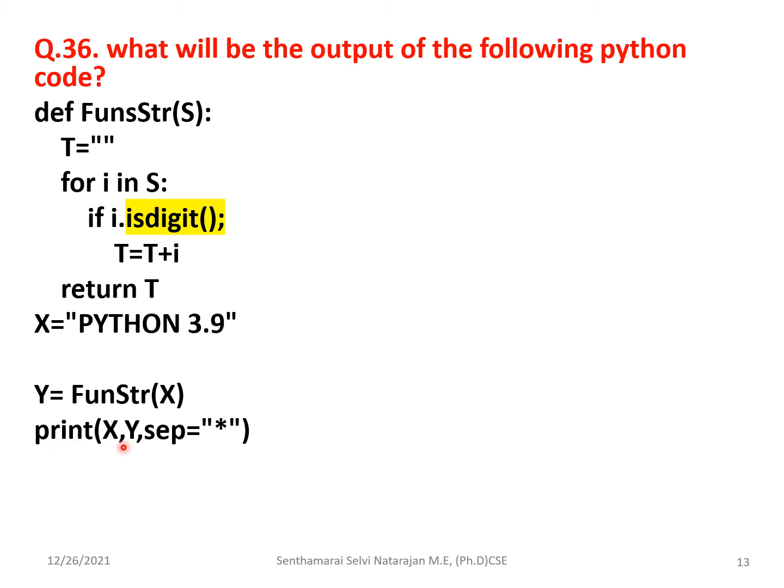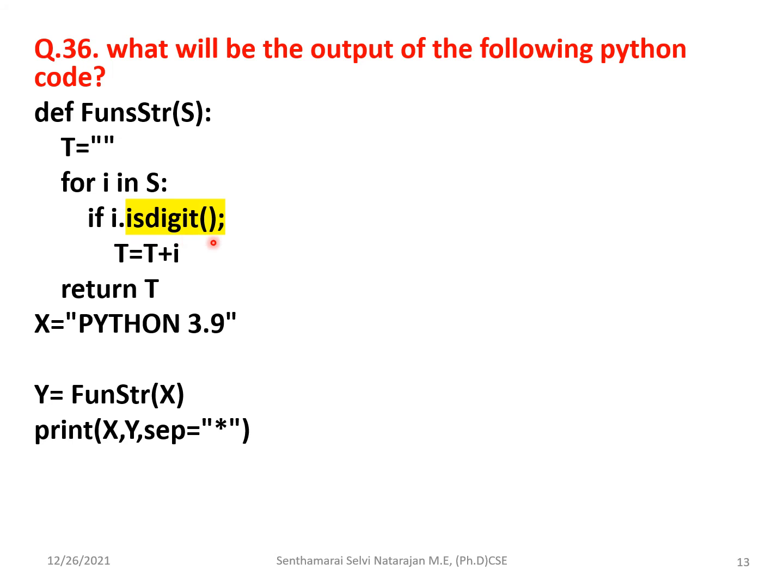So print x comma y. So x comma y. X is the string having Python 3.9 and a separator is asterisk symbol. Then y. What is y? It is calling of this function string. So here you will be getting the value as 3 and then 9 because it is going to return 3 and then 9.